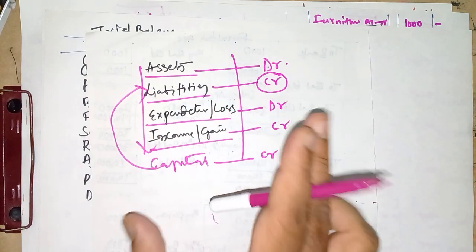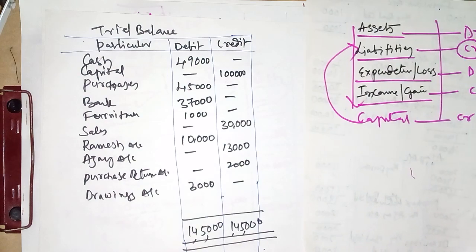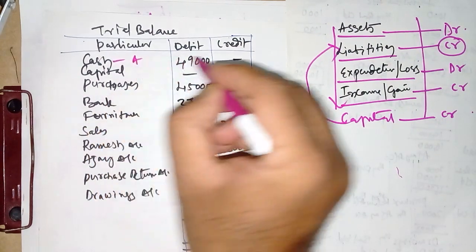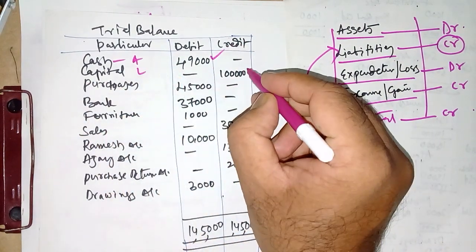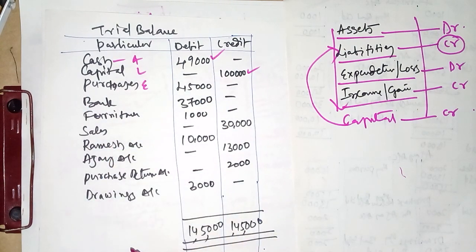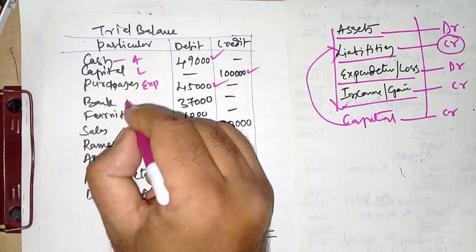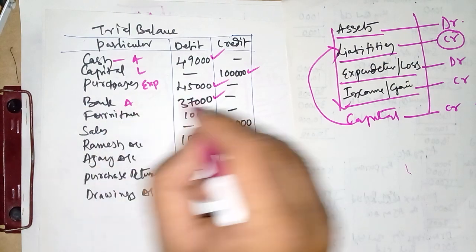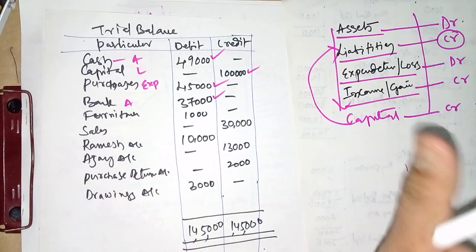Once we understand this concept, we will check it against the trial balance we have prepared. Cash is an asset showing debit balance. Capital, liability, showing credit balance. Purchases, expenditure, showing debit balance. Bank, asset, showing debit balance. Sometimes if bank shows a credit balance, then it is a bank overdraft, a liability, right?